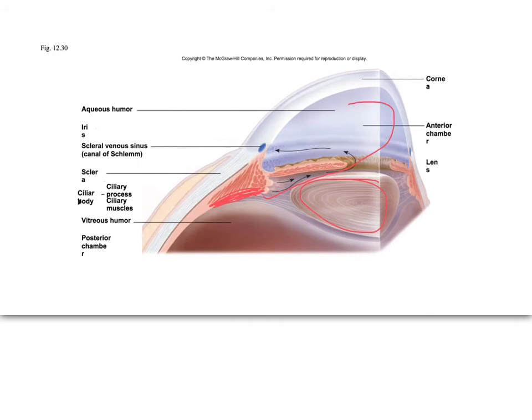And so you're constantly making this aqueous humor, and so you want the fluid to flow through this anterior cavity and then come out here through this scleral venous sinus. So it's going to move through there and migrate out and be reabsorbed. But if for some reason that vein is going to be blocked, then that's when you would have glaucoma, because more and more fluid is going to accumulate there.